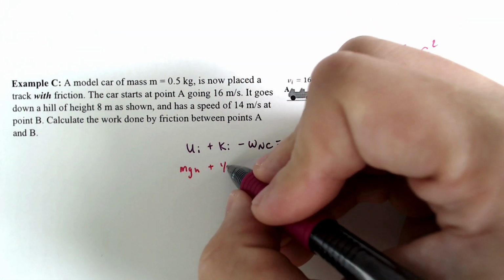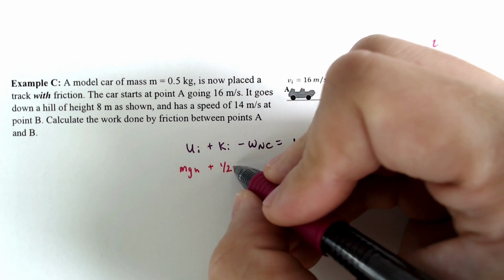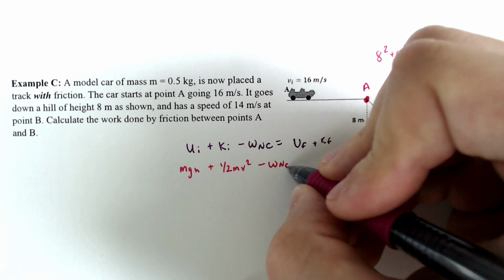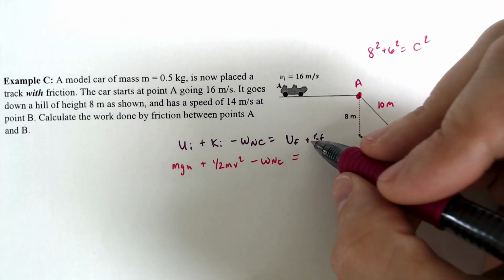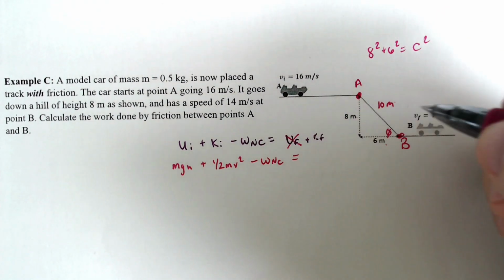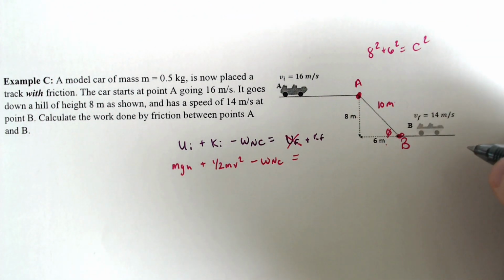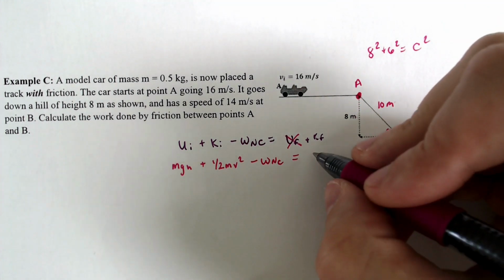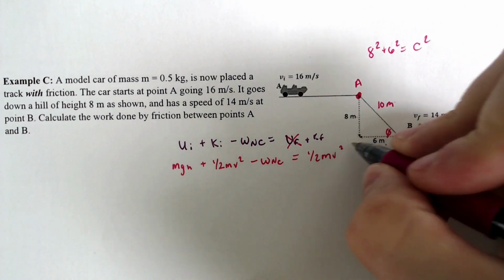This does have a Ki because we actually started with something, which would be 1/2 mv squared, minus the work done by non-conservatives, will equal Uf. At the bottom, it doesn't have a Uf. Plus Kf. Well, at the bottom, it will have a Kf because it's still going at 14 meters per second. So this would be 1/2 mv squared.